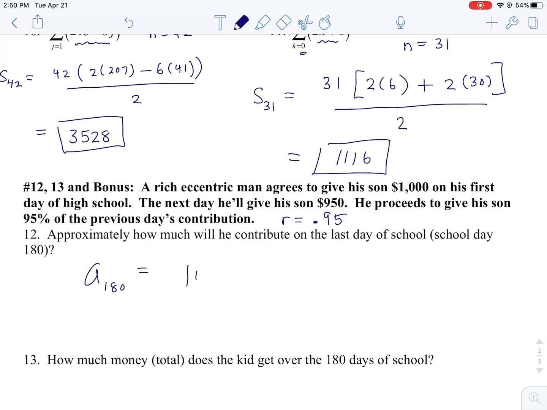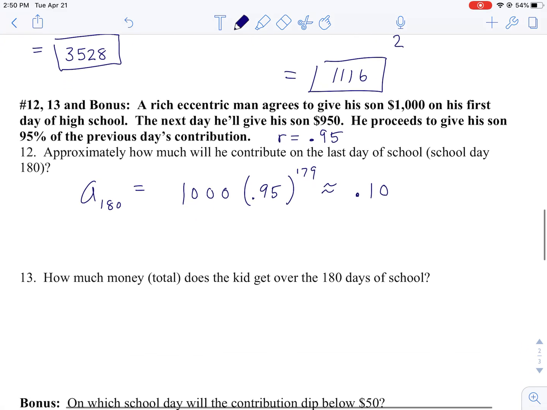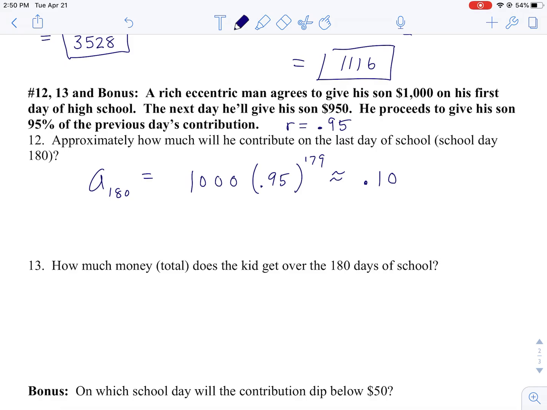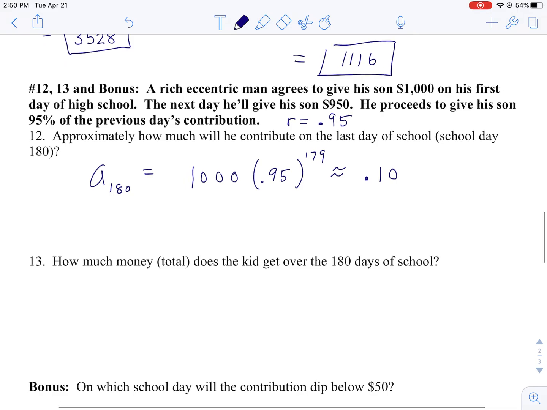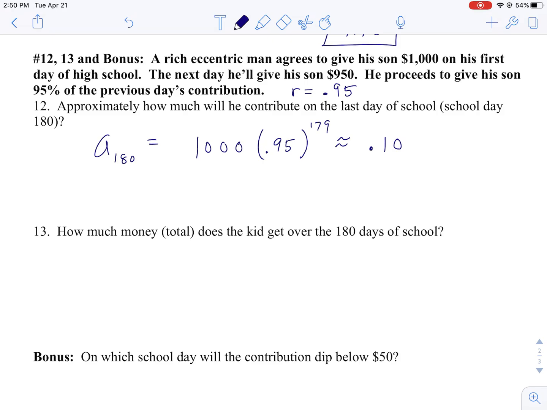So that's the 180th term of a sequence that starts at 1,000 and gives 95%, and the power n minus 1 would be 179. So by then, it shakes out, he gets about 10 cents on the last day of school. Kid got 1,000 the first day, but then you keep taking 95%, eventually you're down to almost nothing.